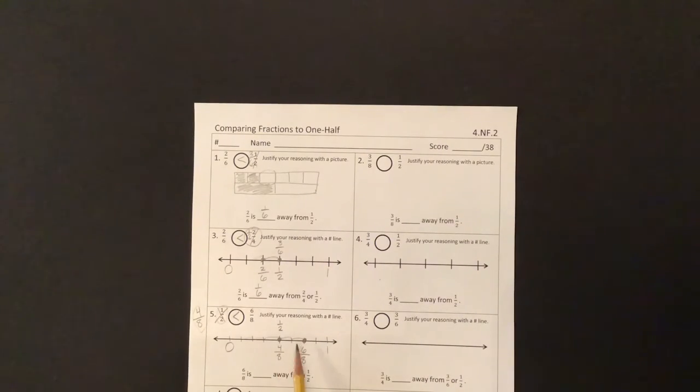Now I get to think about how far away 6/8 is from 1/2. I can see that really 6/8 is just 2 pieces back to 4/8. It's just 2 pieces away, so that is 2/8. 6/8 is 2/8 away from 1/2. Go ahead and pause the video while you do number 6, and we'll do number 7 together.